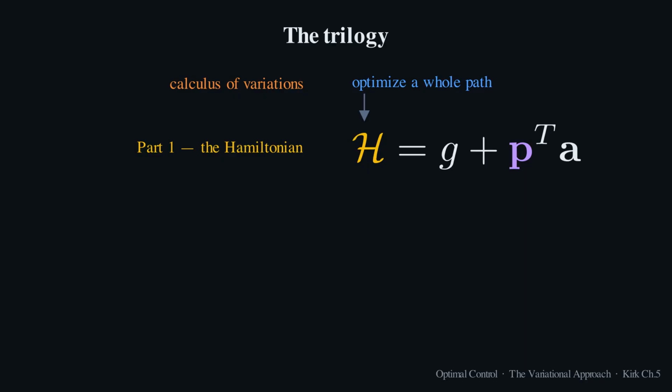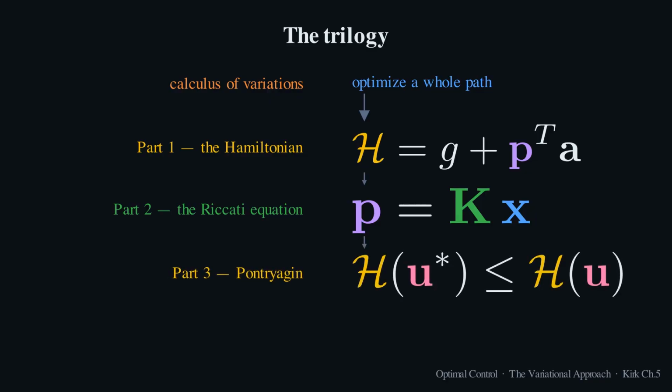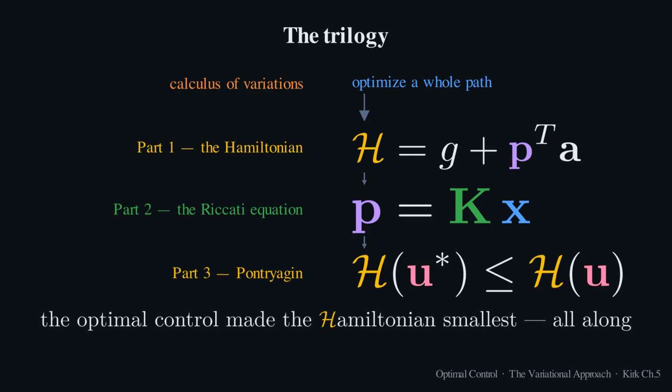Step all the way back and look at the trilogy. We started in the calculus of variations, learning to make a whole path optimal. That gave us the Hamiltonian and the necessary conditions in part 1. When the system was linear and the cost quadratic, the co-state became a matrix times the state, and out fell clean feedback through the Riccati equation in part 2.